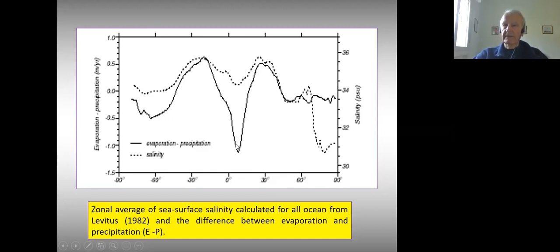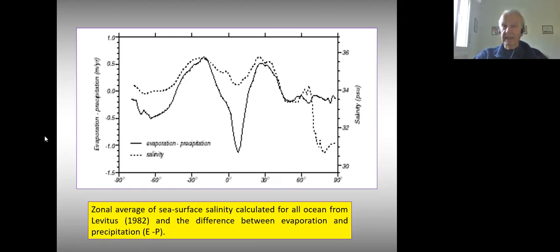There is a minimum of evaporation minus precipitation near the equator, where precipitation is larger than evaporation. Then in the subtropical areas around 30 degrees north and 30 degrees south, you have a maximum and evaporation is larger than precipitation.